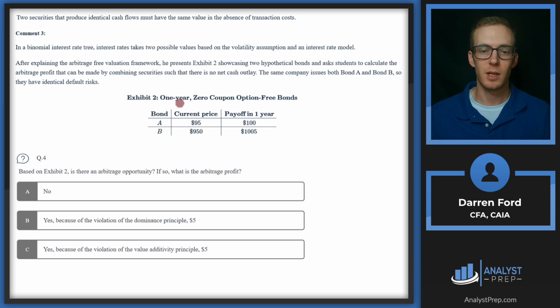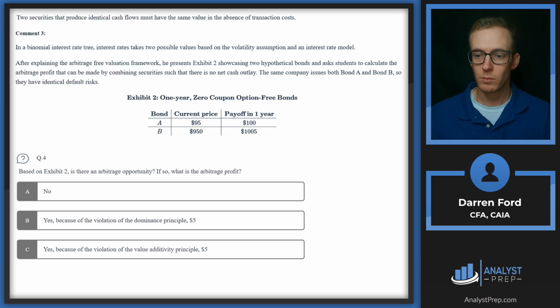So Exhibit 2 is 1 year, 0 coupon option-free bonds. Bond A has a current price of $95, and B has a price of $950, so just a difference in a 0 there essentially. Payoff in 1 year for Bond A is $100, and payoff for Bond B is $1,005.